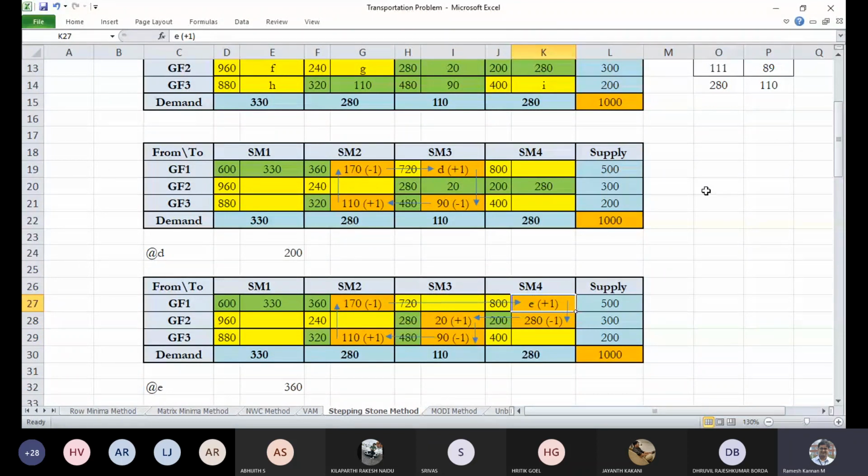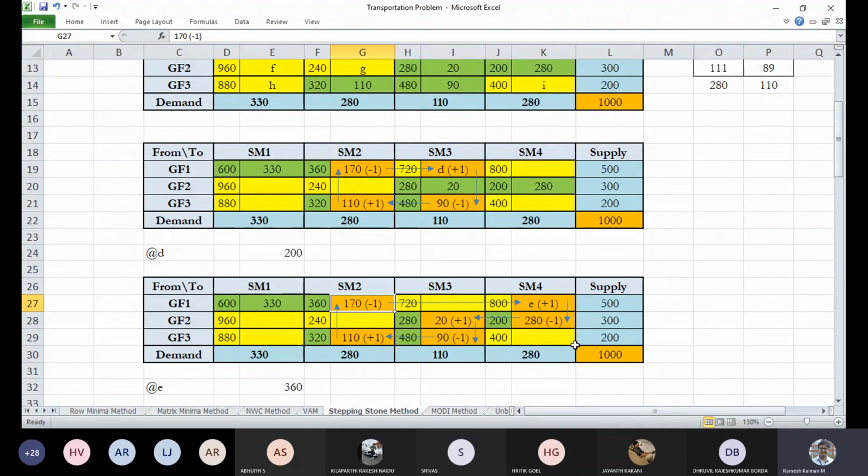If I add 1 here, I'll subtract 1 here. If I subtract 1 here, I'll add 1 here. Column wise, minus and plus, and row wise also minus and plus. So it will be in equilibrium. So it forms a closed loop, right?